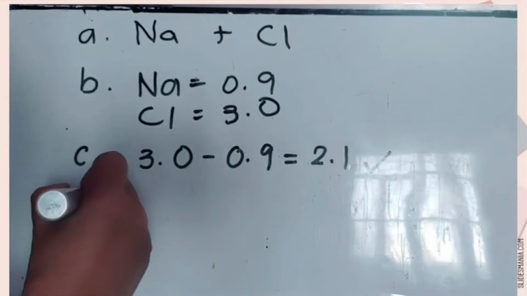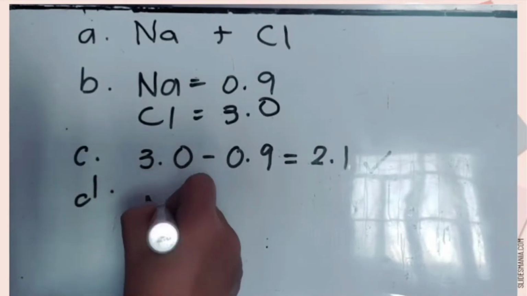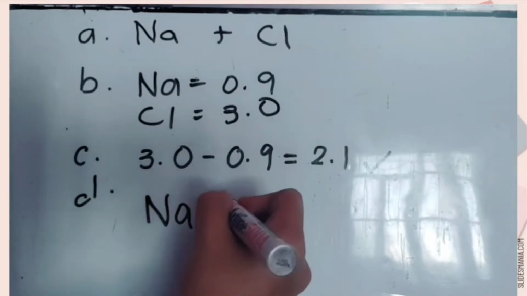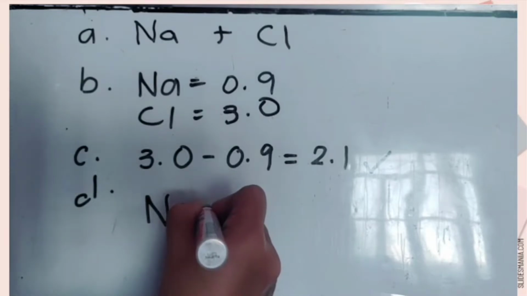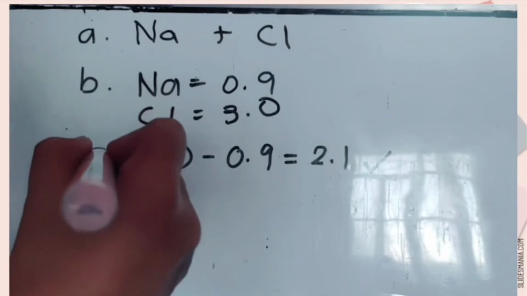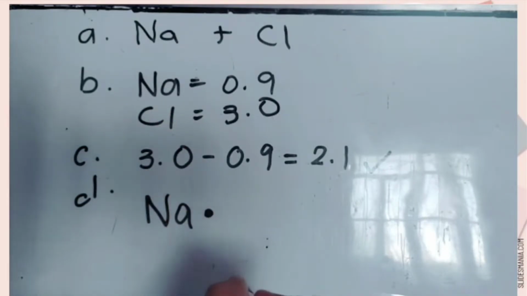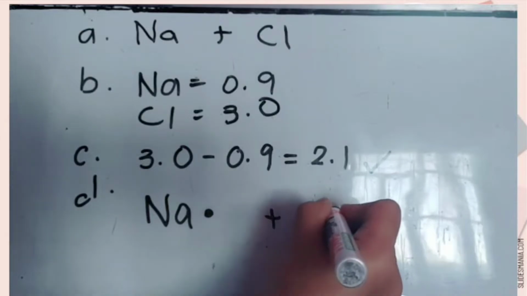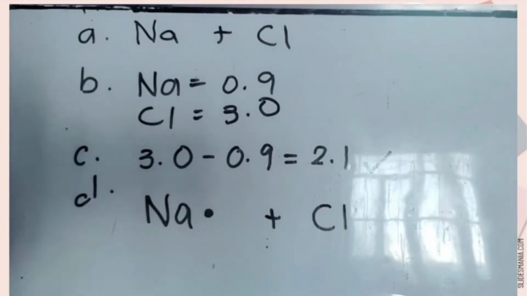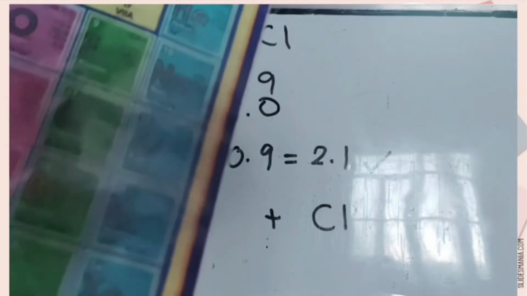Then, write the Lewis symbol of each element. So for sodium, it has a valence electron of 1. And then, the chlorine has a valence electron of 7 because chlorine is in group 7A.